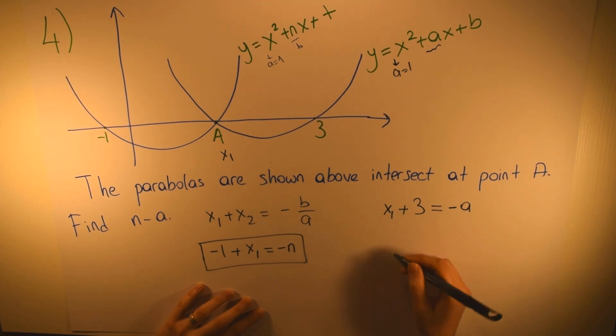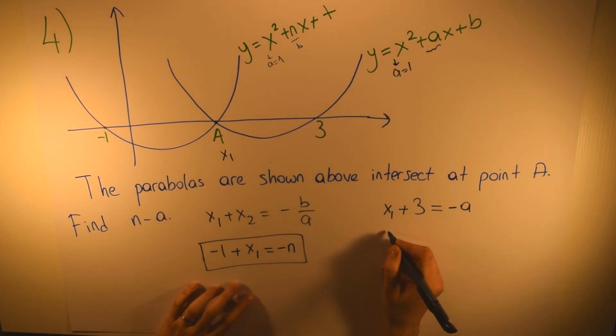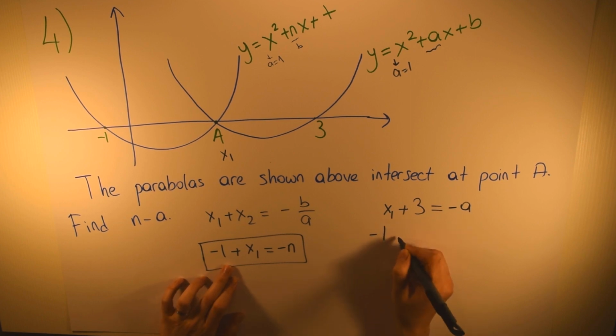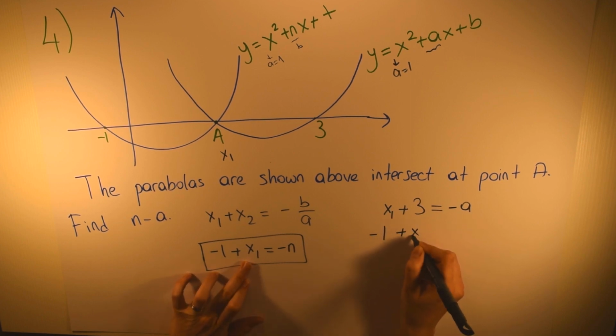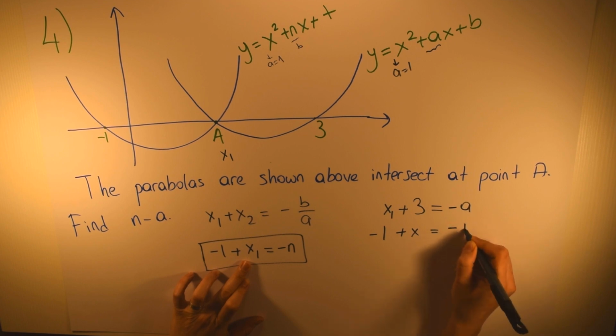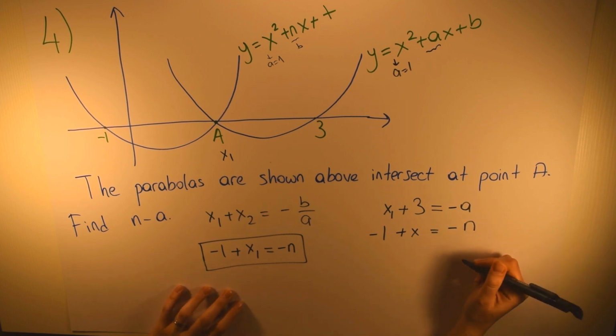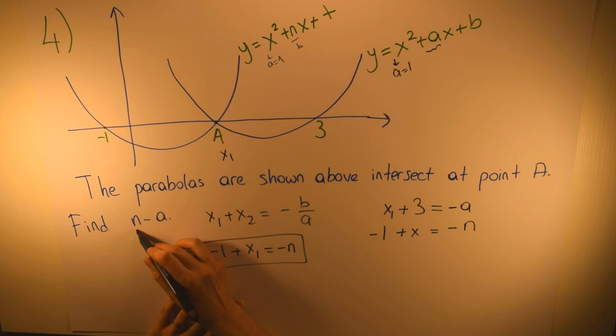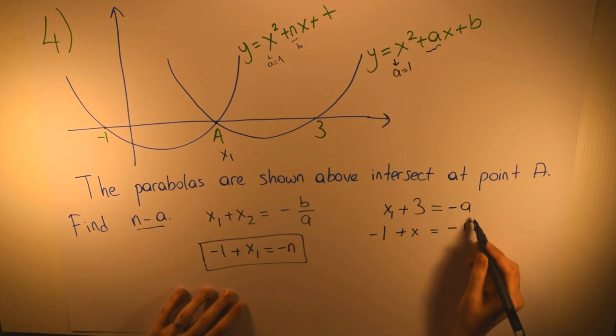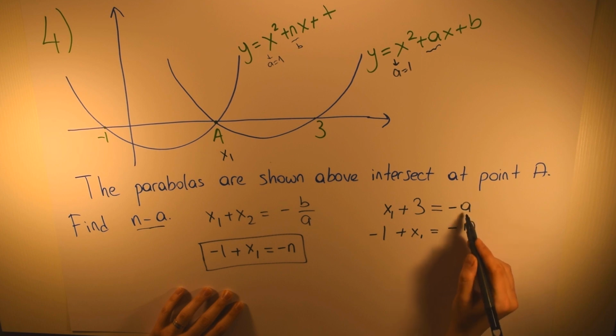So when I write these together, it's minus 1 plus x1 is equal to minus n. So I need to find n minus a, right? So here maybe I can do that. This is minus n, this is minus a.